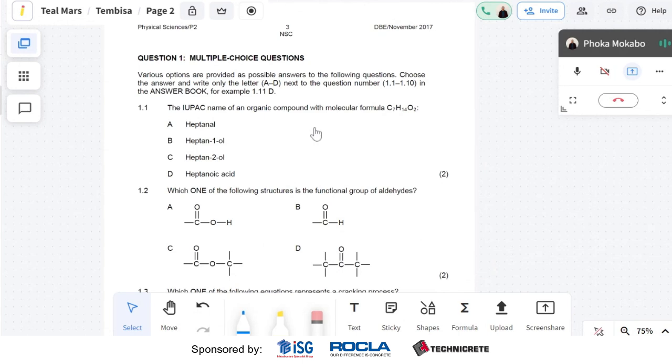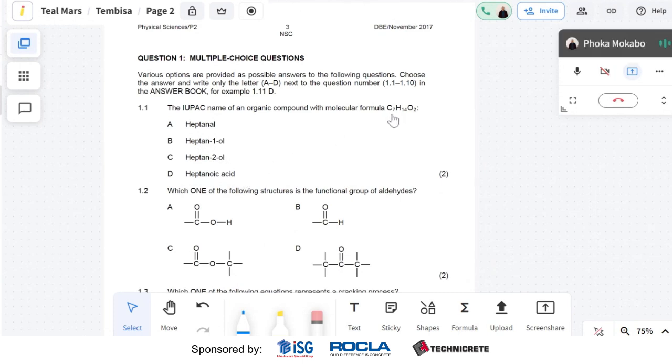Now, question 1.1, most obviously organic chemistry. They say the IUPAC name of an organic compound with this specific molecular formula is said to give one of these four options. It's either heptanal, heptan-1-ol, heptan-2-ol, which are both alcohols, or heptanoic acid, which is a carboxylic acid.